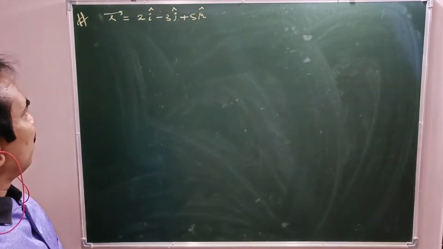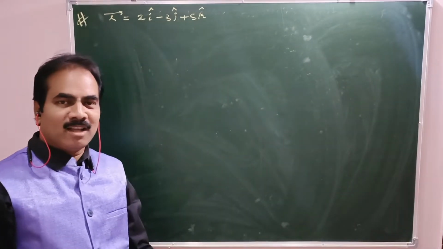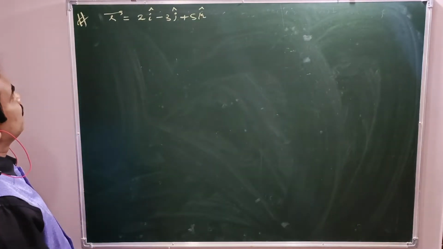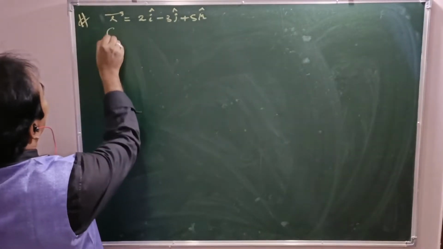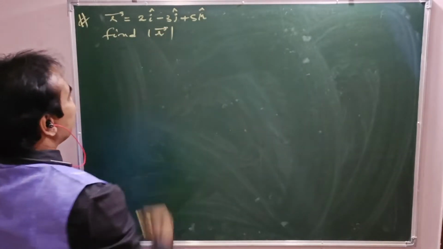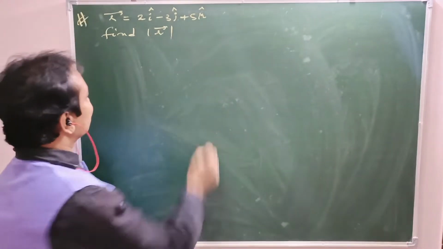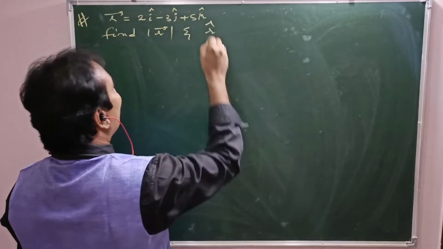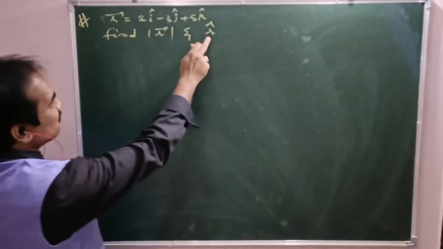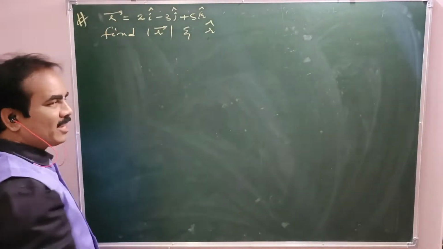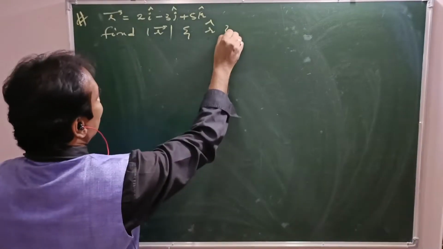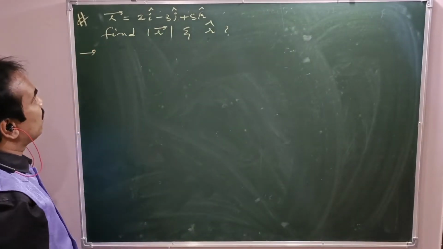This is the position vector of a particle at some other instant. Now find mod r bar, which means the magnitude of the position vector, and r cap, the unit vector of that r bar. R cap means unit vector, mod r bar means magnitude of that position vector. Now what is the solution?